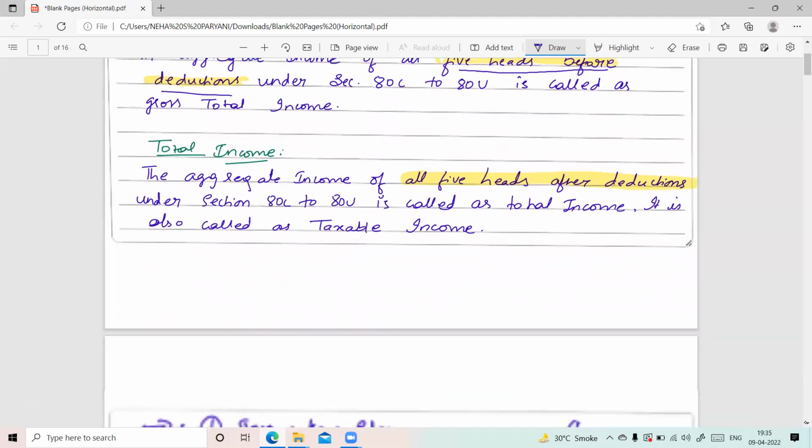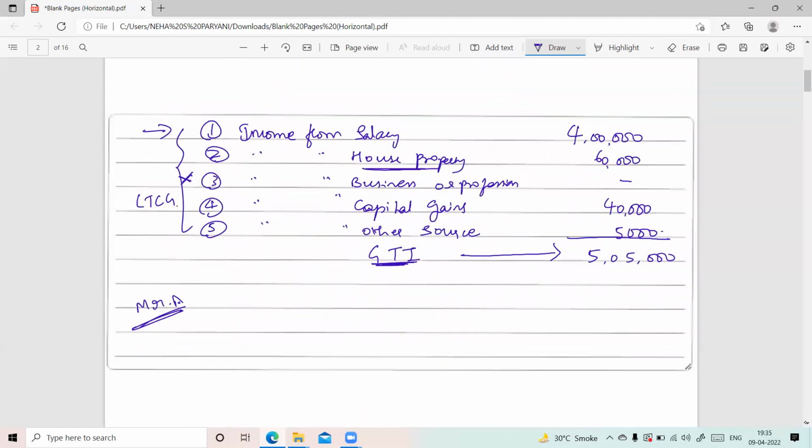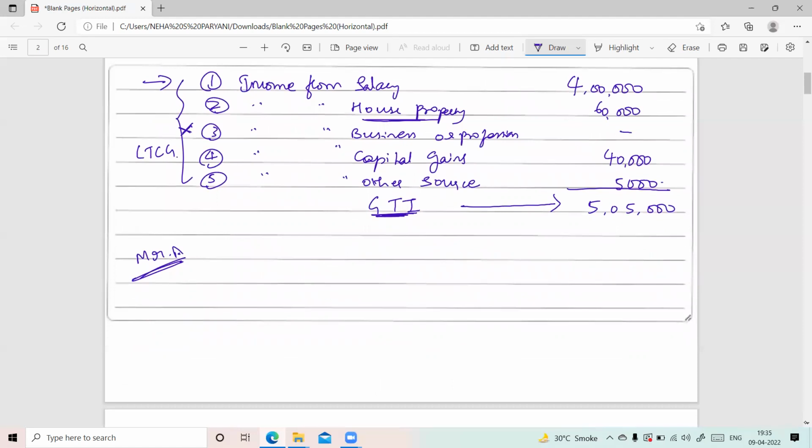Our income tax act provides certain deductions for taxpayers. What is meant by deduction in simple or general language? Deducting means reducing, or subtracting, right?